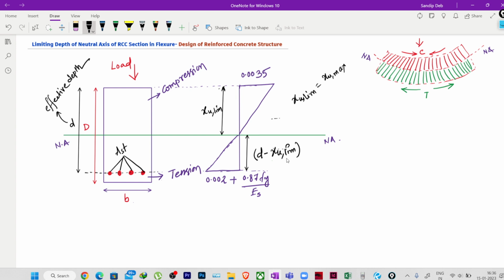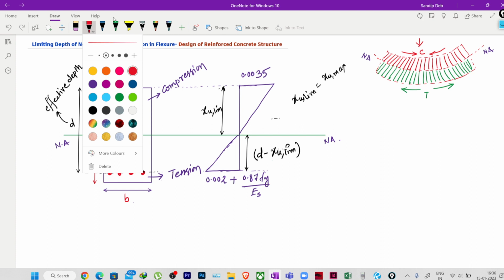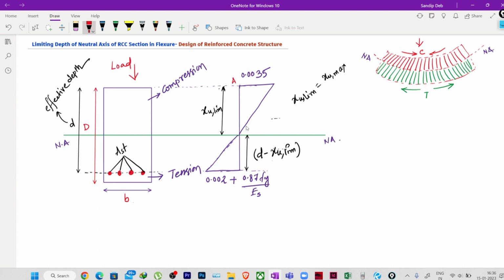Okay, so now you can see we have two triangles here. Let me just name those. Suppose A, B, C, and D, B, E. So we have two triangles, triangle A, B, C, and triangle E, B, D. So these are similar triangles.